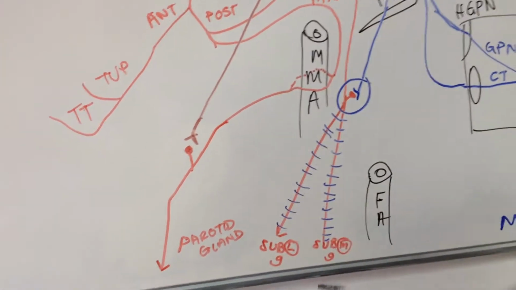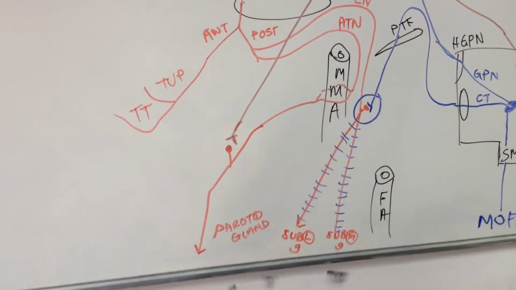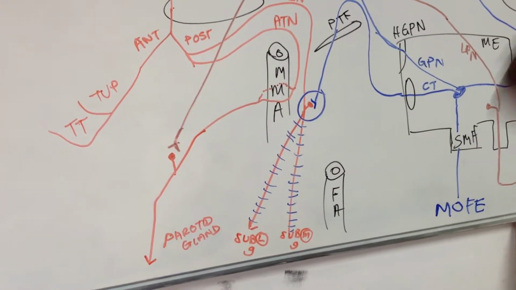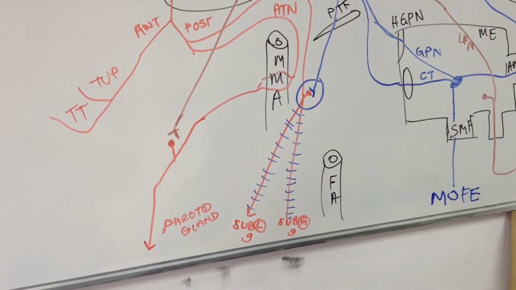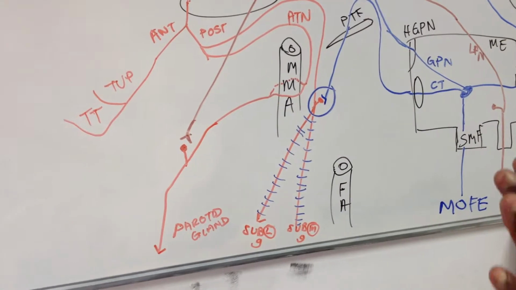So they're going to produce secretions from those two glands. So this is for your salivation. So that's 7 all done for its parasympathetic functional divisions here.